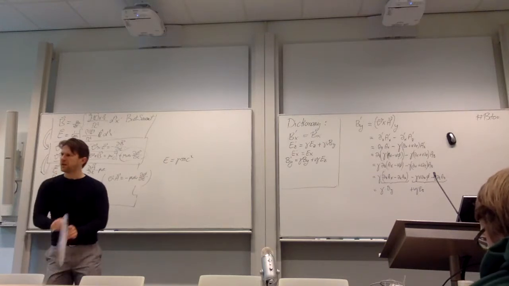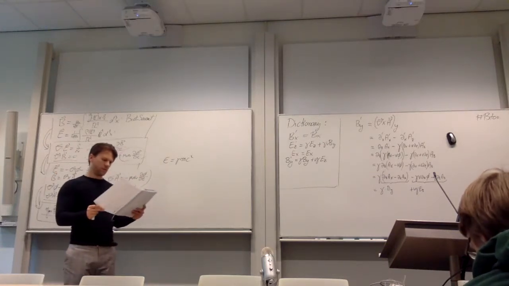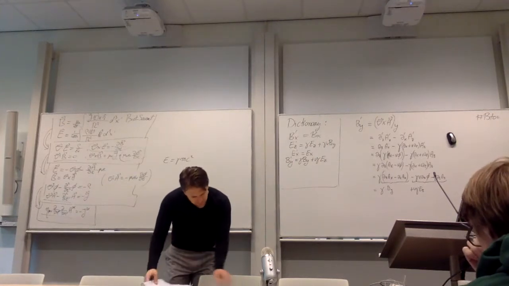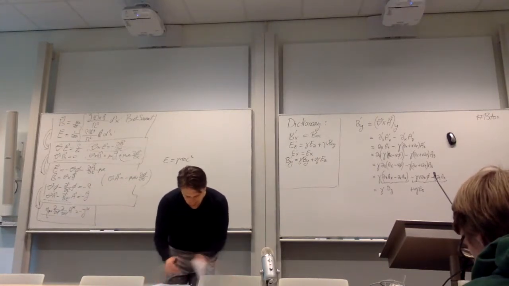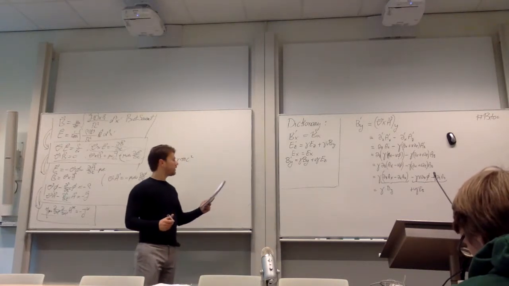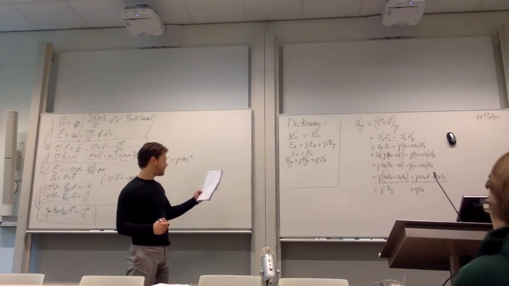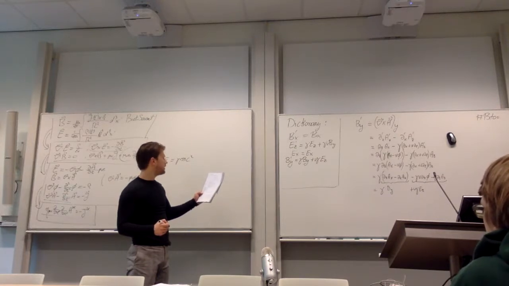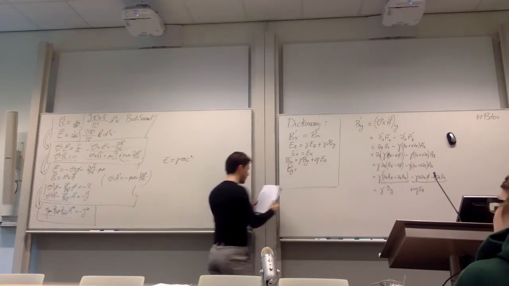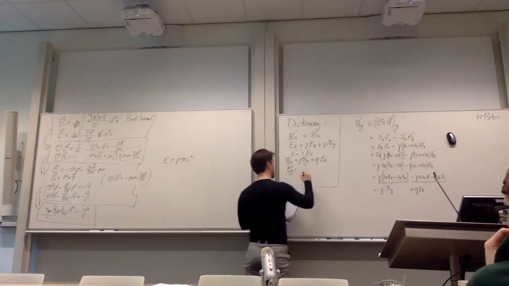Do you have them, by the way? Because I'm just going through my notes. Not sure if I can find them immediately. Yeah, there they are. Bx, x, yes. By, we have Ey. It's just going through the same steps should give you this.